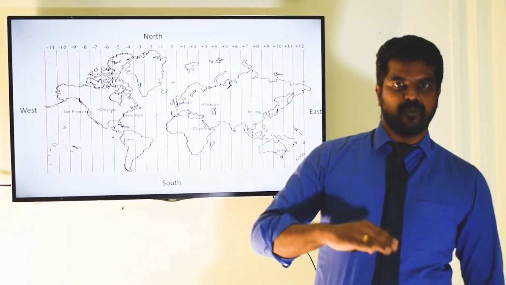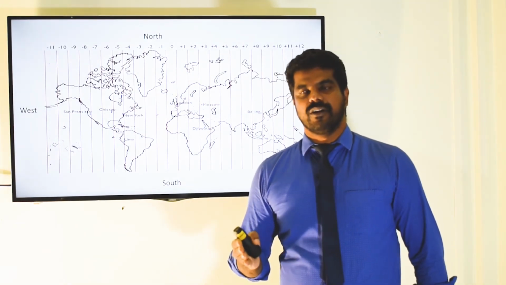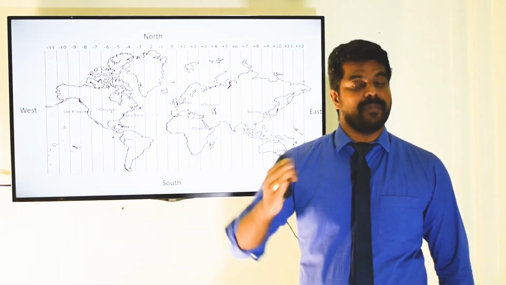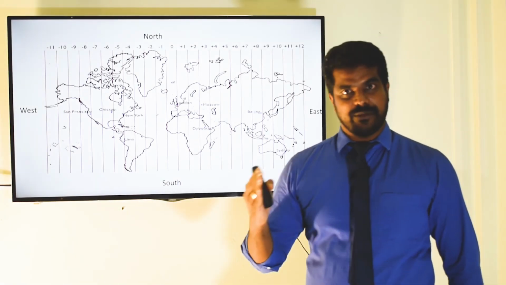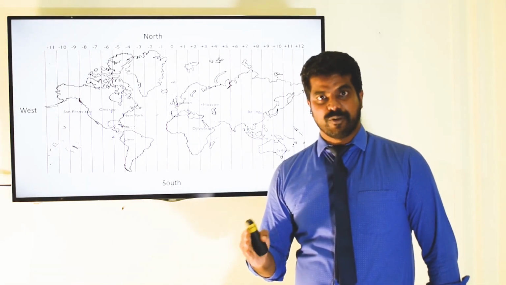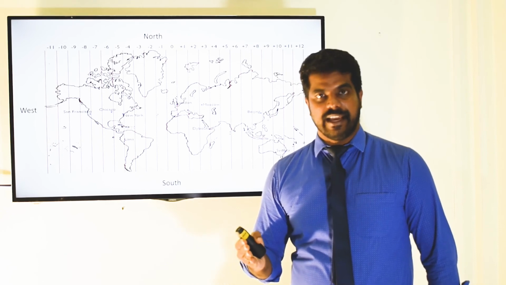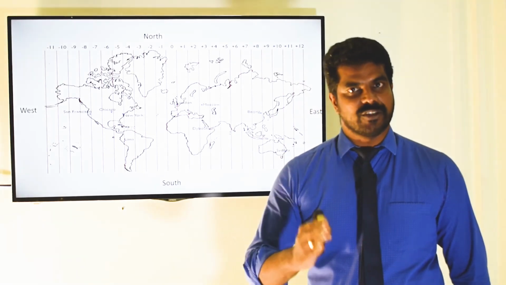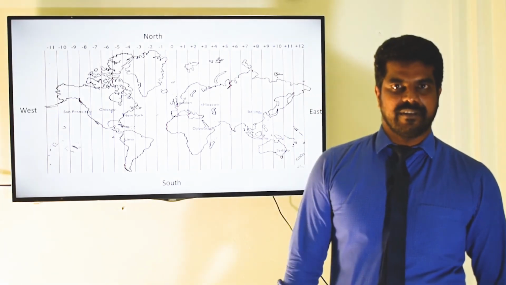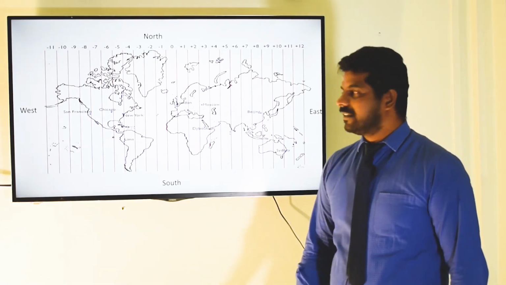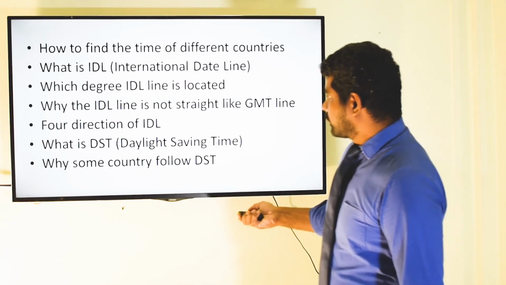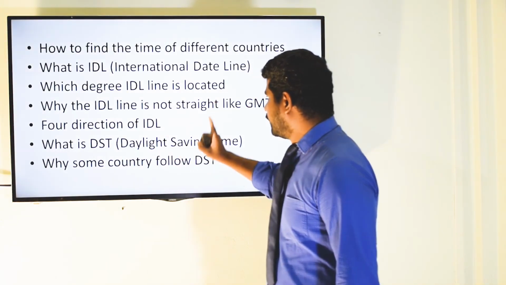And when it comes to winter time, they will put it 1 hour behind, turning it back to 5, right? So in summertime they put the clock 1 hour advanced, and in the winter time they turn it back again to normal, right?